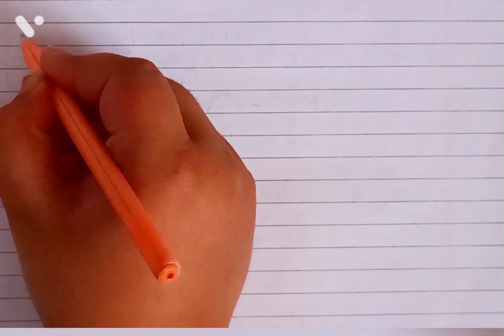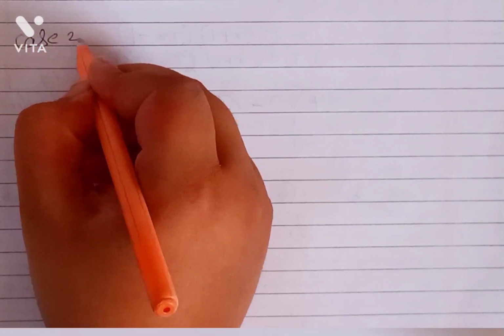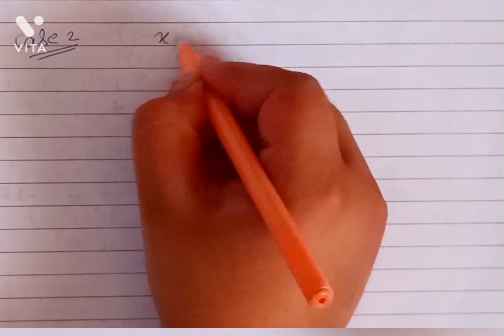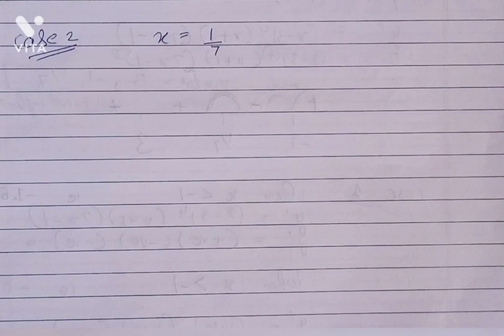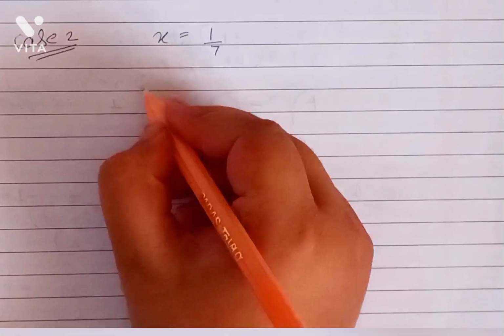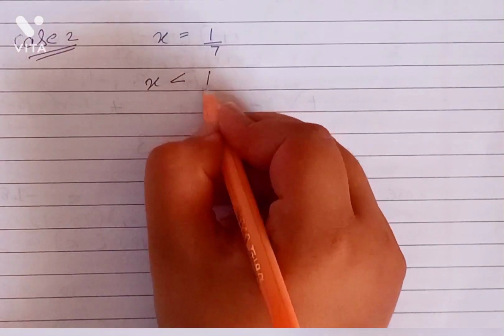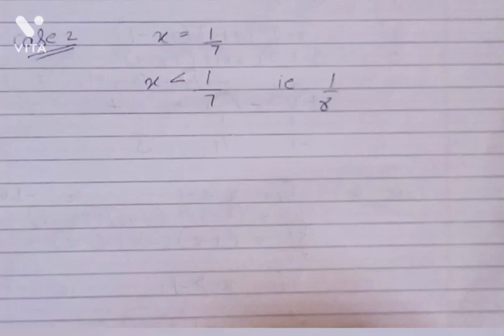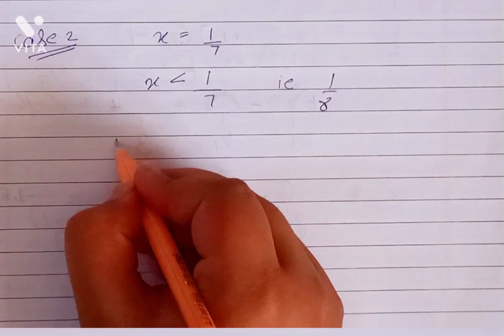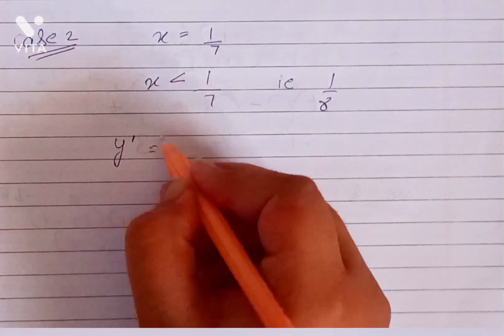Now let's see case 2. Alright, in case 2, x is equal to 1/7. For 1/7, first thing we'll do is, when x is less than 1/7, I could take 1/8, right? Now putting it into y dash, I'll write y dash over here.